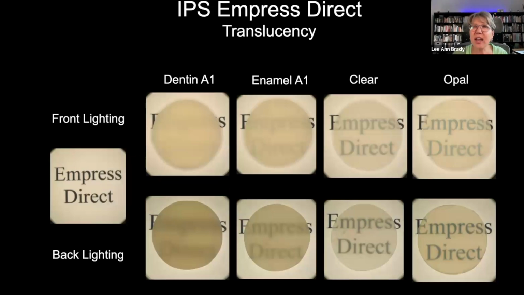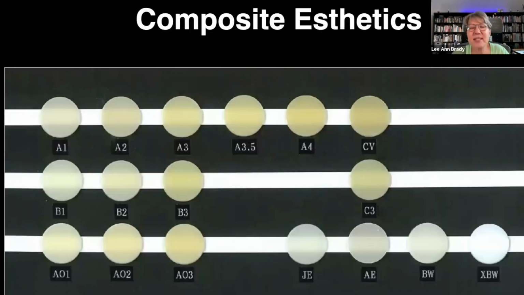And then we're going to look at a different system. So this happens to be the Genial Sculpt composites from GC America. What they have in this system is composites they call their opaque composites, their dentin shade composites, then their enamel composites, and then some specific bleach shade composites.